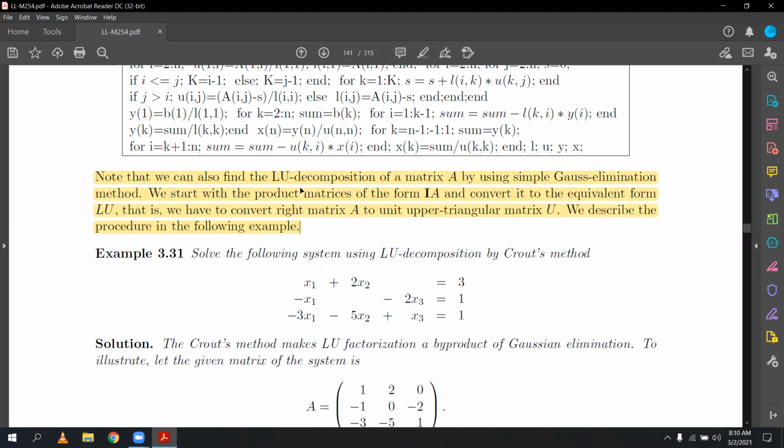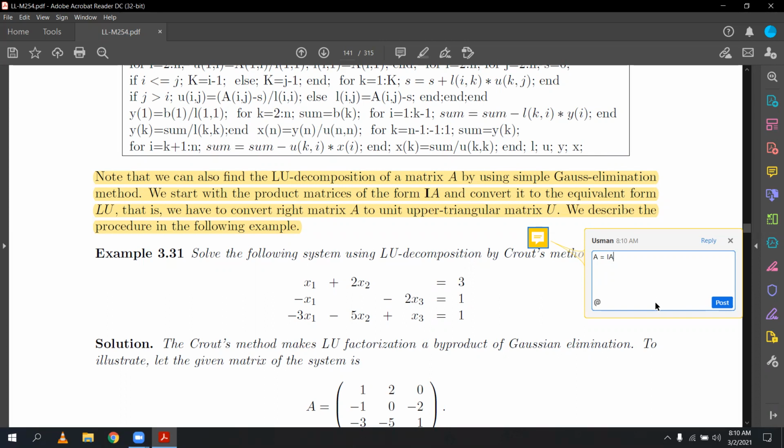To develop this rule, we have to start with I times A equal to A. When I say A equals unit matrix I times A, this is true, because I is a unit matrix, and the unit matrix multiplied by A gives you the original matrix.